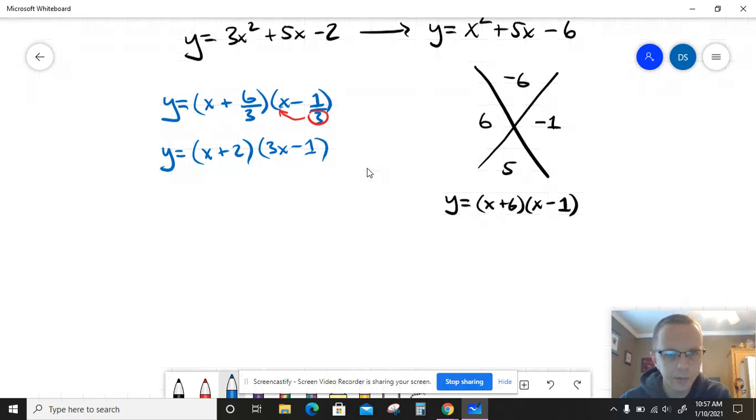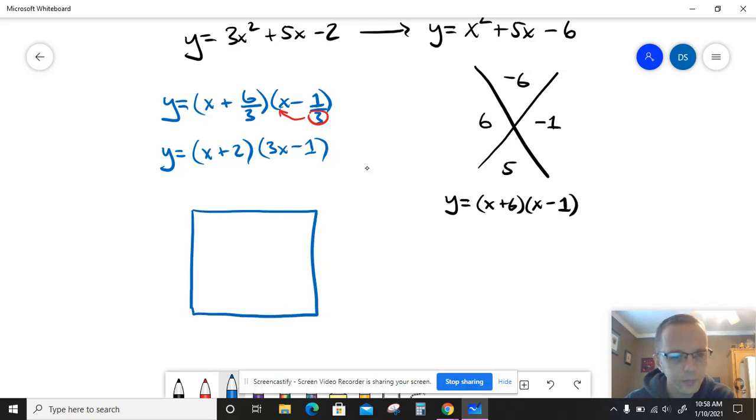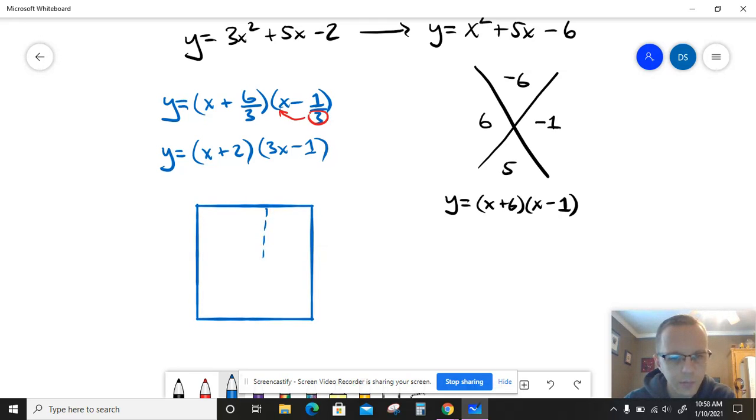All right, let's verify that we got the right answer by multiplying. We want to multiply 3x minus 1 by x plus 2. Here we have 3x squared.